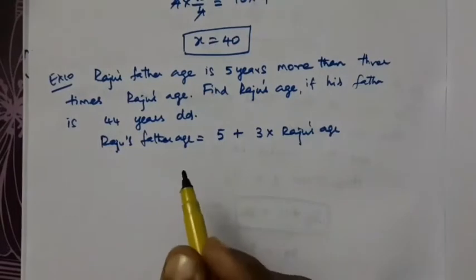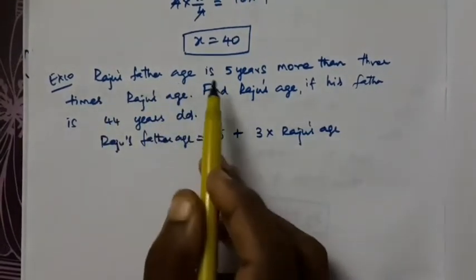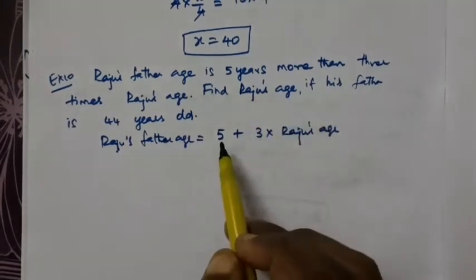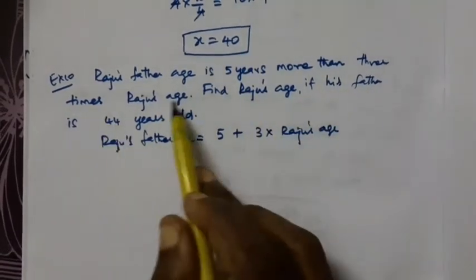This is the meaning of the first statement. So Raju's father's age is equal to 5 plus 3 times Raju's age.